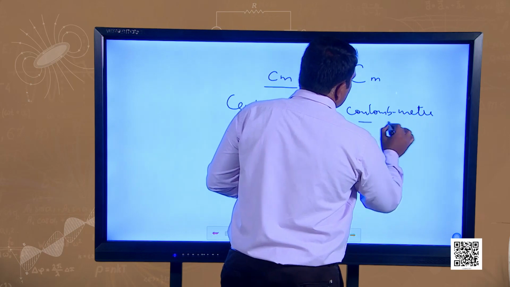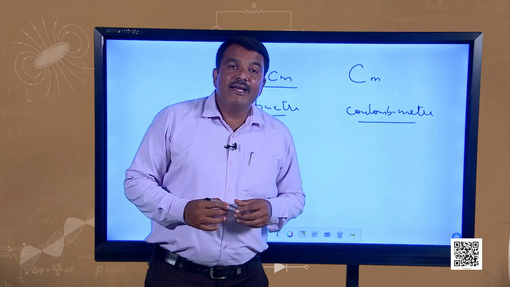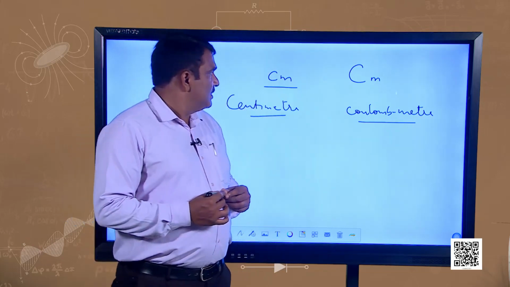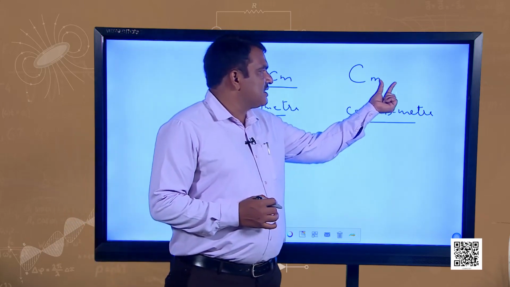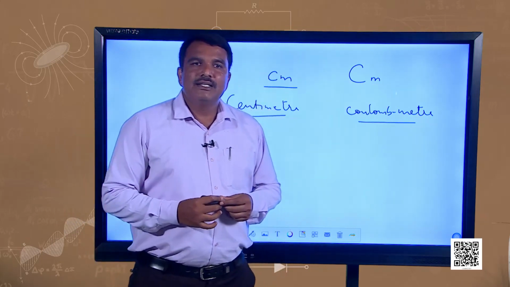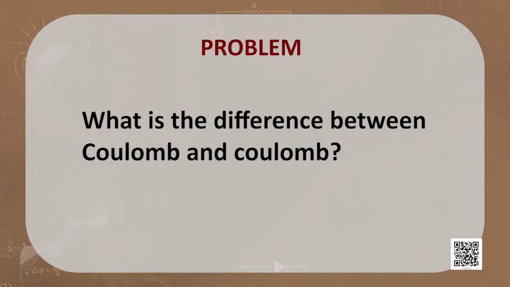So this becomes coulomb meter, and you know that coulomb meter is the unit of electric dipole moment. So cm is centimeter, unit of length, and capital C m is coulomb meter, that is the unit of electric dipole moment. Now let us have another problem.